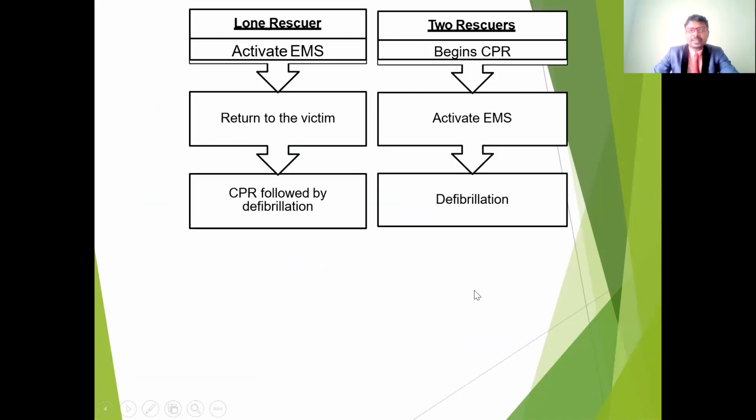Here we have to check whether the rescuer is one person or two persons, because the treatment technique is going to be different. If there is one person, first activate the emergency medical services.